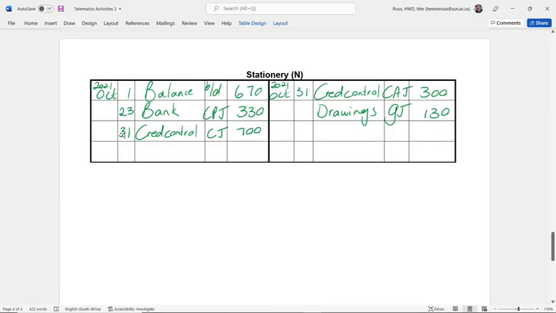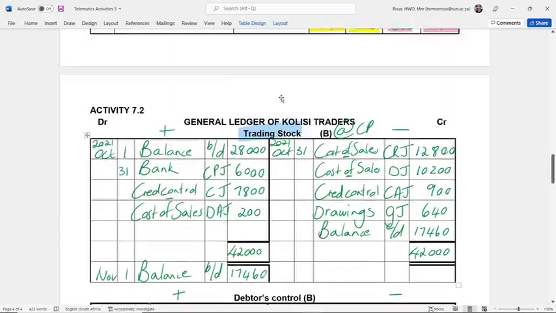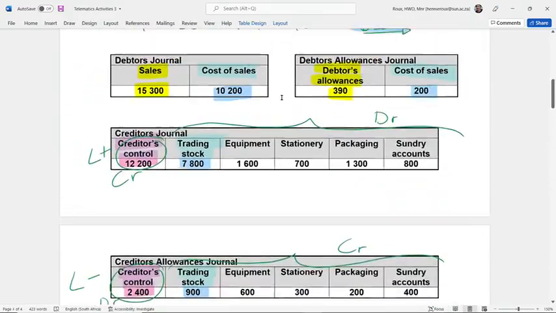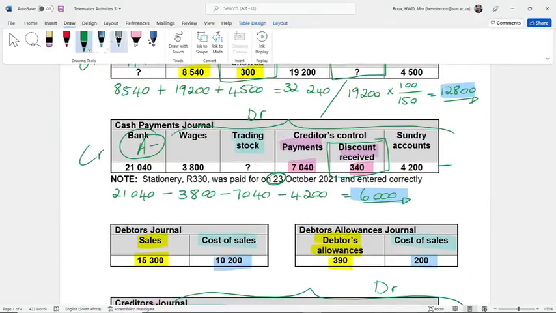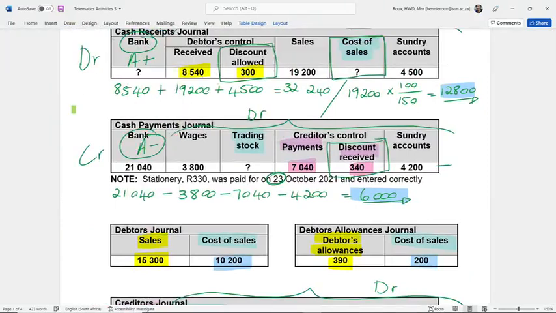Just to show you again where we got these amounts from, remember we are posting to the stationery account. So we're looking for stationery. Nothing in the CRJ. In the CPJ, stationery 330, and that was the one on the 23rd.